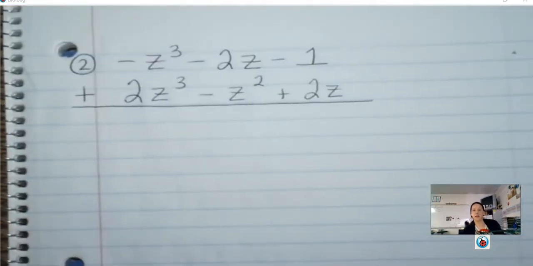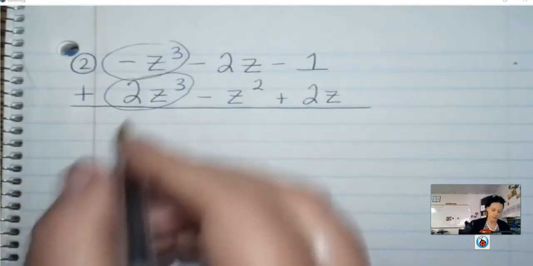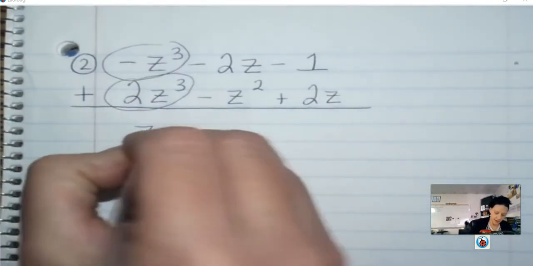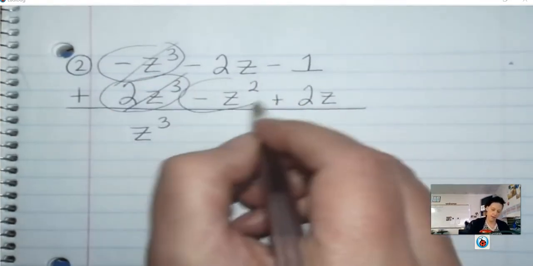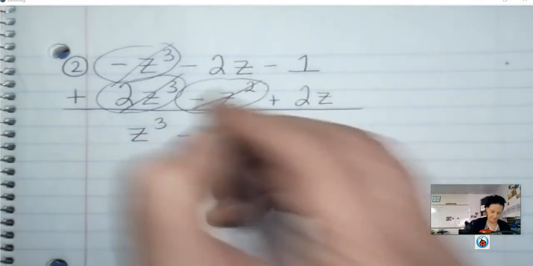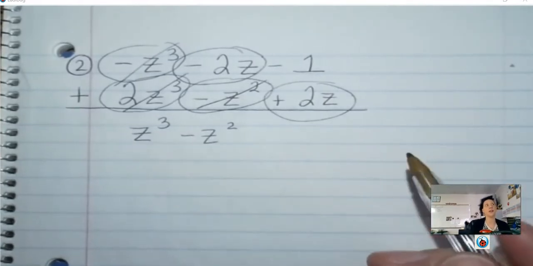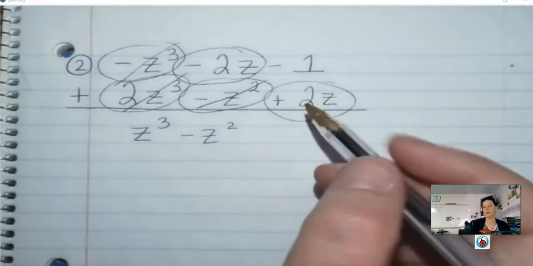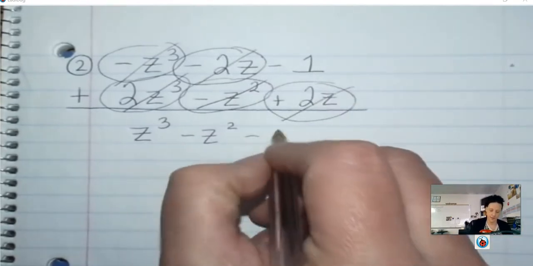Okay, find the sum, combine your like terms. Z cubed, if I have a negative 1 and a positive 2, I now have a positive 1z cubed. I have a z squared. I had a negative 2z and a positive 2z, so that I have 0 z's now. So I don't need to put 0 z's, because that's just 0. And then I have a minus 1.